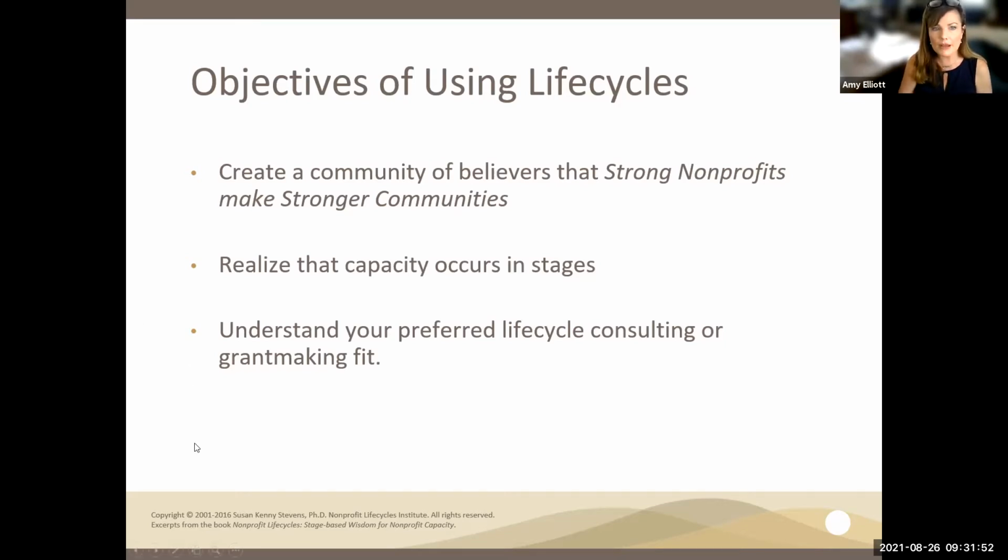Also, by understanding and using the life cycles approach, you understand what a good fit for you would be, maybe in a partner, maybe in a funder, maybe in a consultant. So there are consultants who say, do not ever, ever, ever give me an organization that is mature.